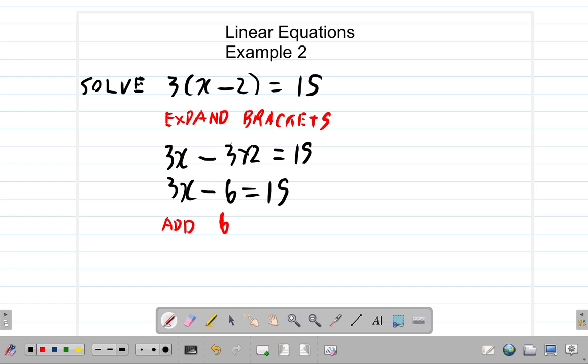When you add 6, you have 3x minus 6 equals 15, plus 6, plus 6. Now remember, I added to both sides because the equation is balanced and you need to maintain balance.